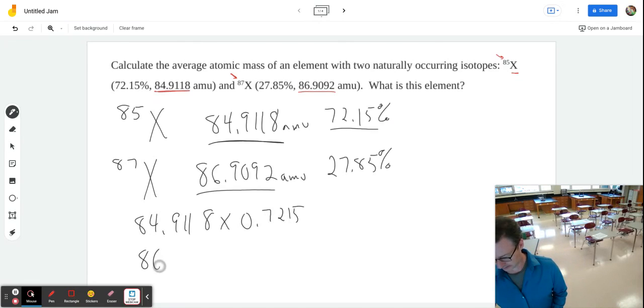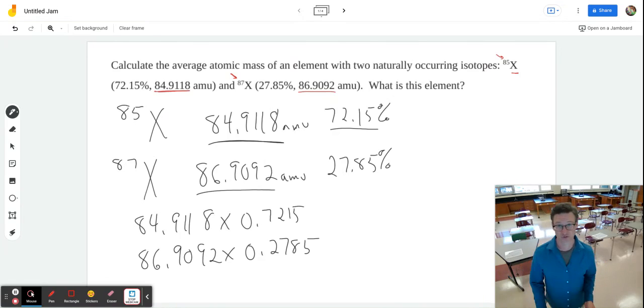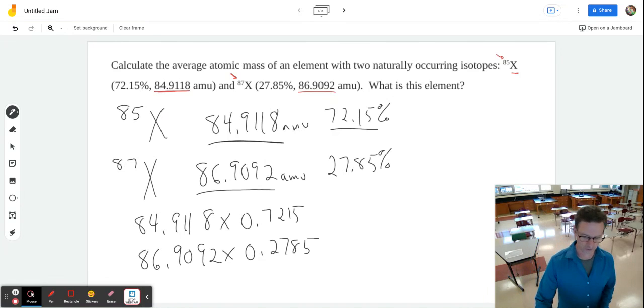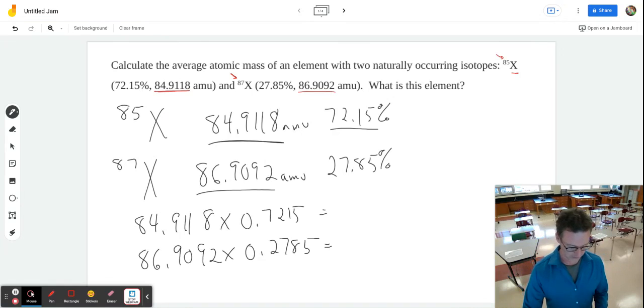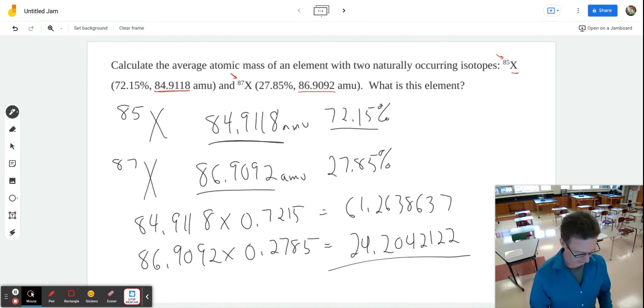And then we multiply the second isotope, 86.9092 times its percent abundance of 27.85%. I chose to move the decimal point over. So we get 61.263867 and 24.20422122.